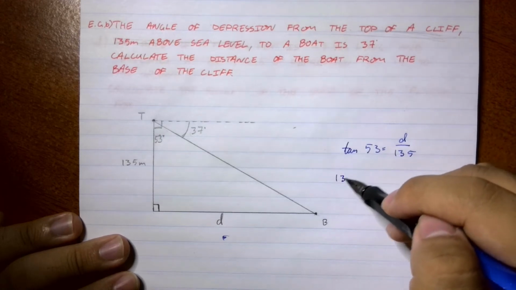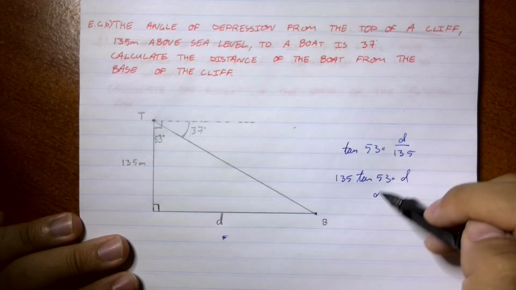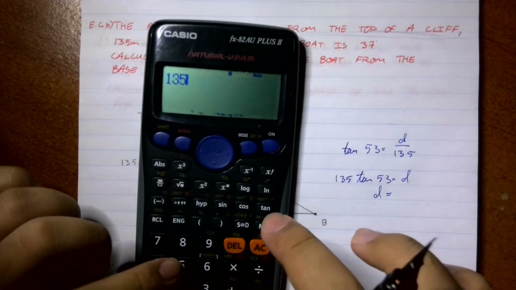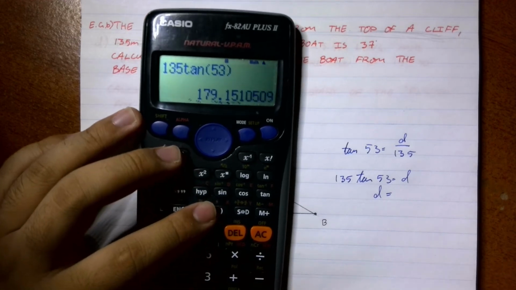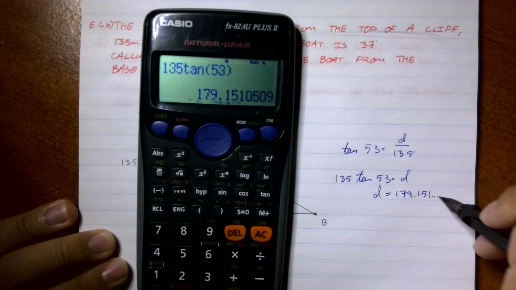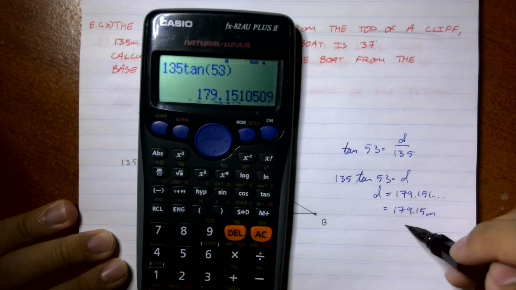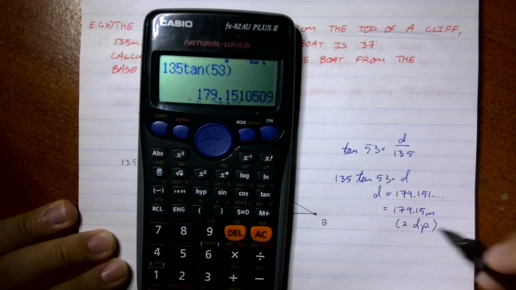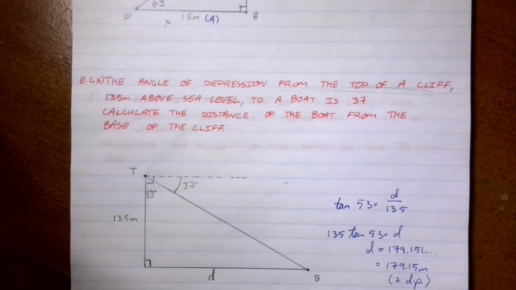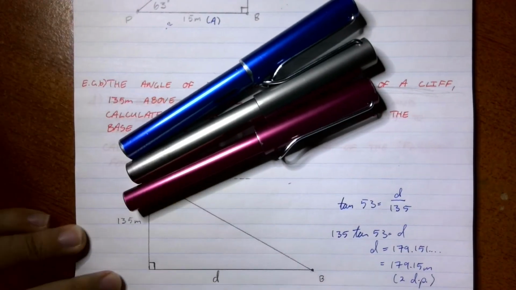Multiplying both sides, equals D. D must equal, using our calculator, 135 tan 53, which is equal to 179.151. Rounding it off to 2 decimal places, there we have it. Hope that gave you an insight into solving questions involving angles of elevation and depression. See you in the next video.